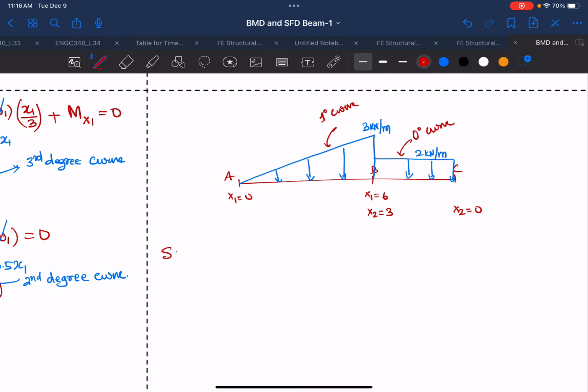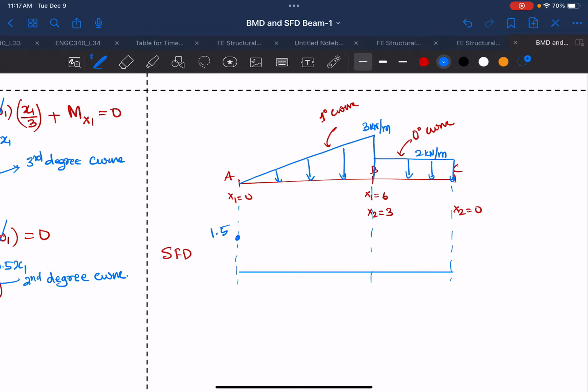Okay, now we are going to draw the shear force diagram. Make sure that the lines are aligned. Okay, now that is A, B, and C. And so if you use the equation at x1 is equal to 0, you'll see that Vx1 will be positive, which is 1.5.